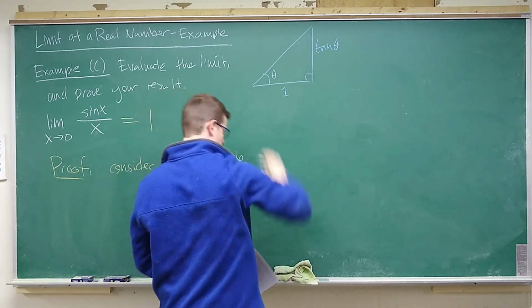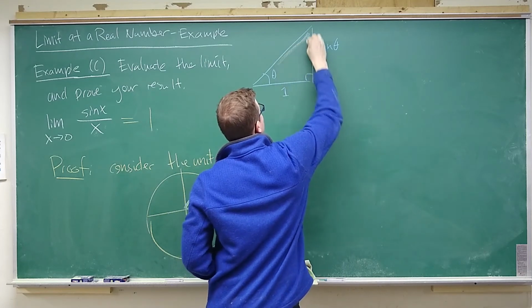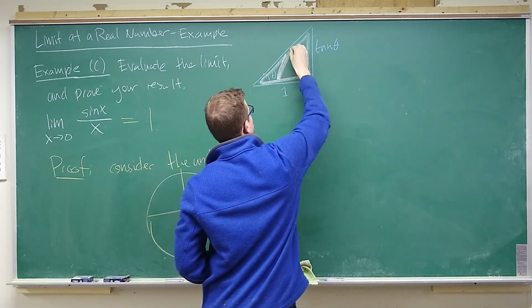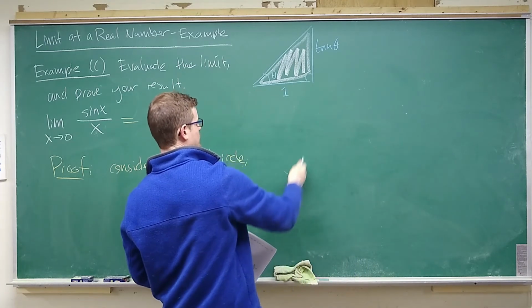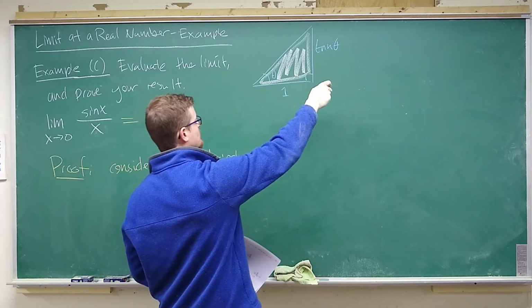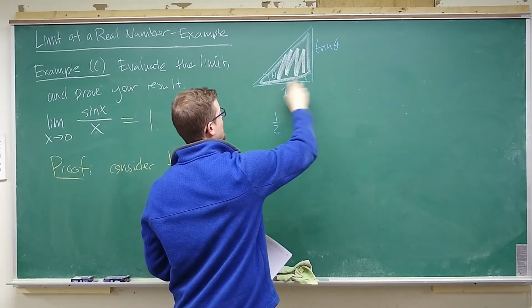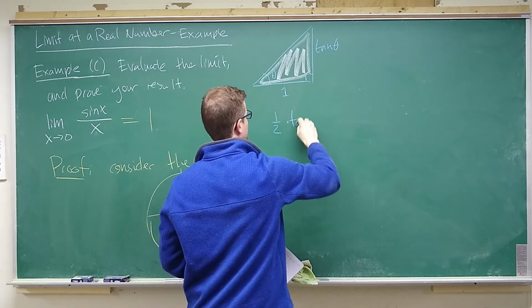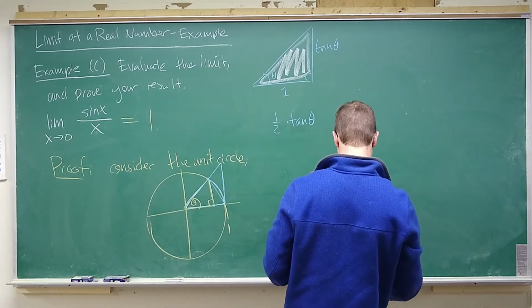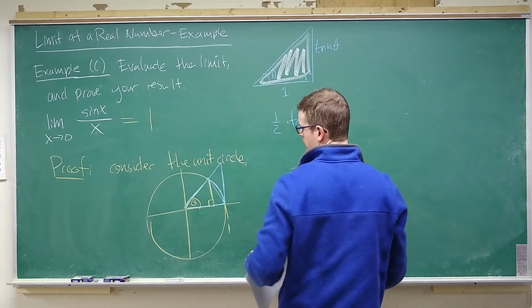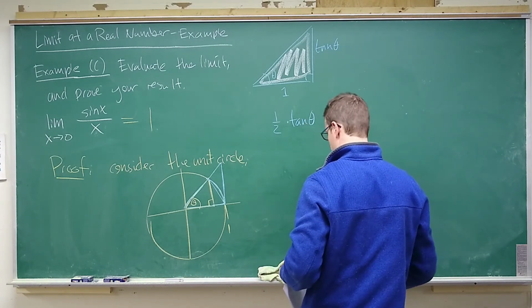And the area of this triangle would be, let's see here, 1/2 base times height. And then we would have the next smallest triangle, so that's the area of the sector there.